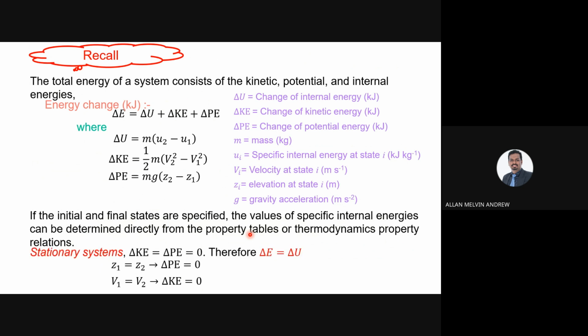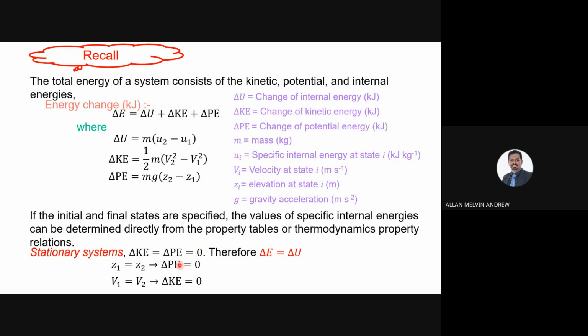Okay, if the question states that it is a stationary system, we know that kinetic energy and potential energy equal zero. The formula has three components, so KE is 0, PE is 0. The remaining is only the change of E equals the change of U, because the other two are 0.